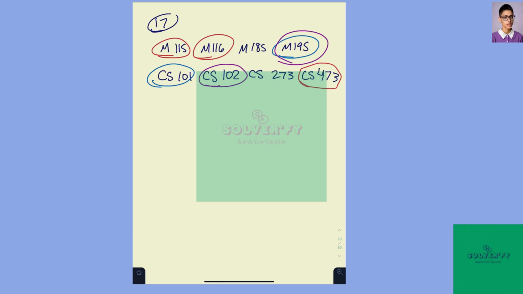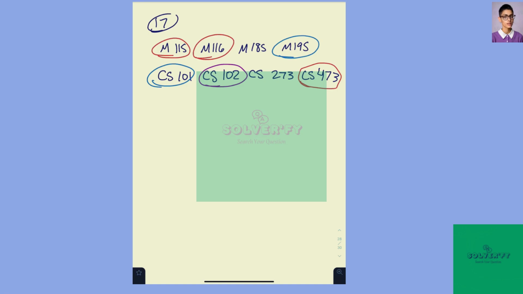Based on what we see, 101 and 102 could potentially have students in both. So for that reason, we can't group them all together. We'll have to separate them to an extent. So what we'll end up doing is just letting 102 stand on its own, and then we'll let 195 and 101 be in the same time slot.